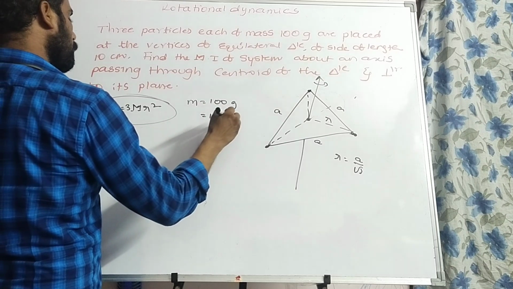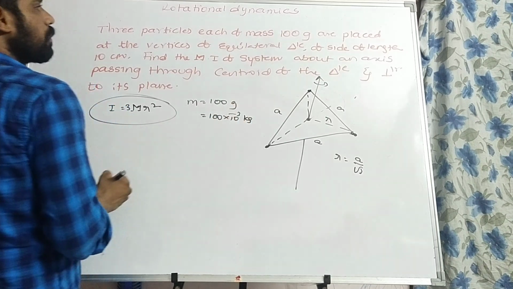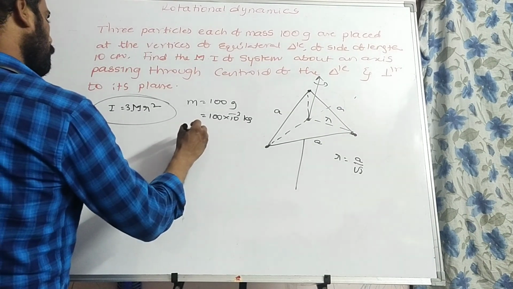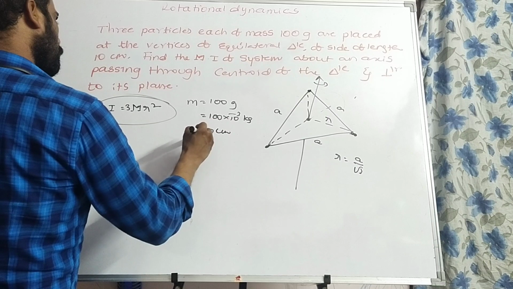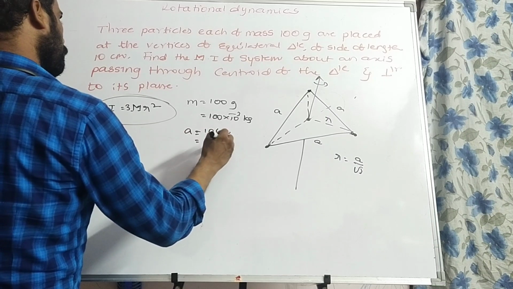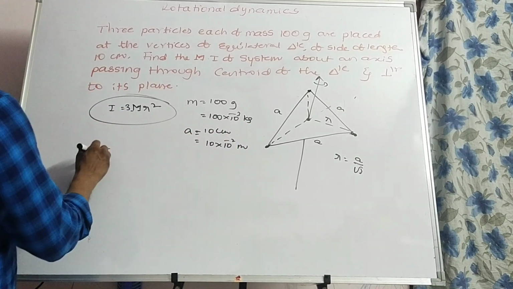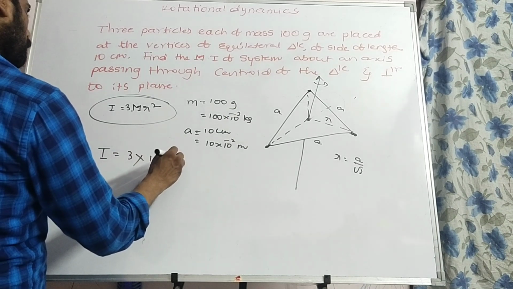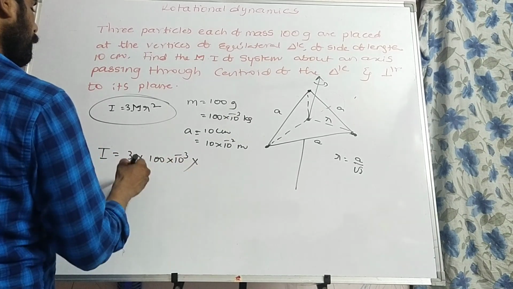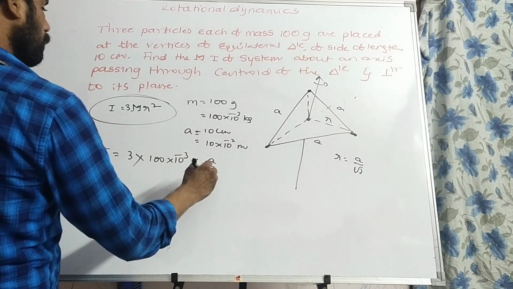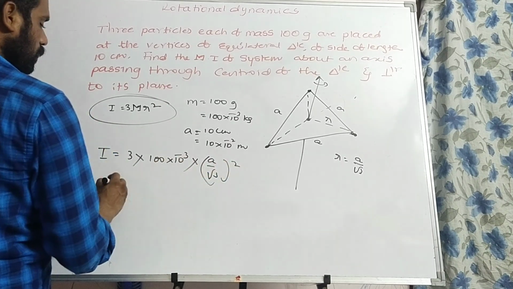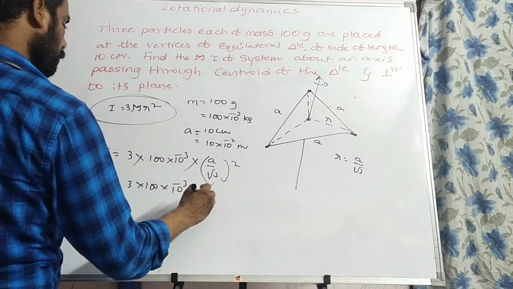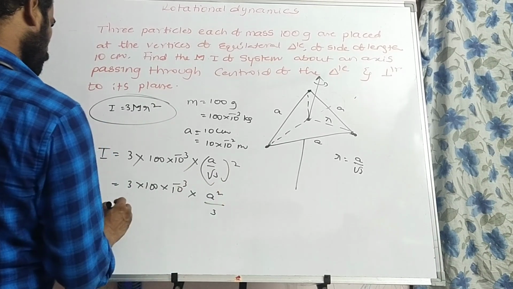That is 100 into 10 to the power of minus 3 kg. The side of the equilateral triangle is 10 centimeters, so a is equal to 10 into 10 to the power of minus 2 meters. Now I is equal to 3 into 100 into 10 to the power of minus 3 into a by root 3 whole square, that is 3 into 100 into 10 power minus 3 into a square by 3.